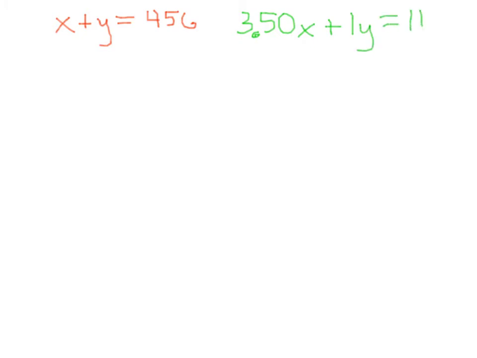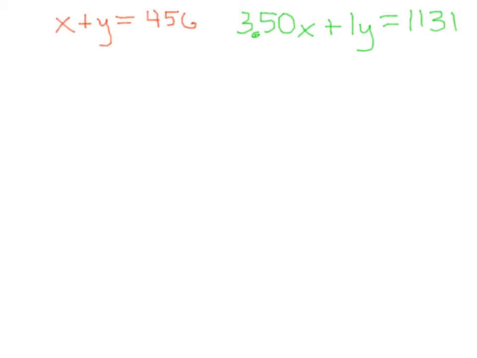Now one of my equations was X plus Y is equal to 456. And the other equation is $3.50 for every adult ticket plus $1 for every student ticket, equal to $11,031. Those are our two equations.